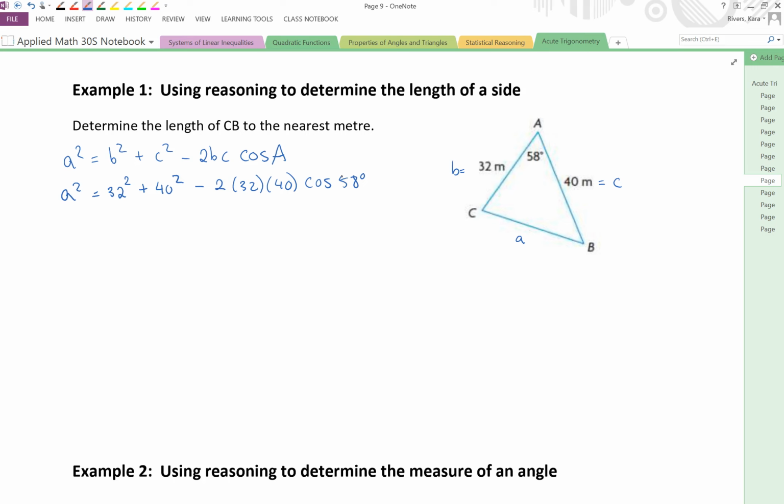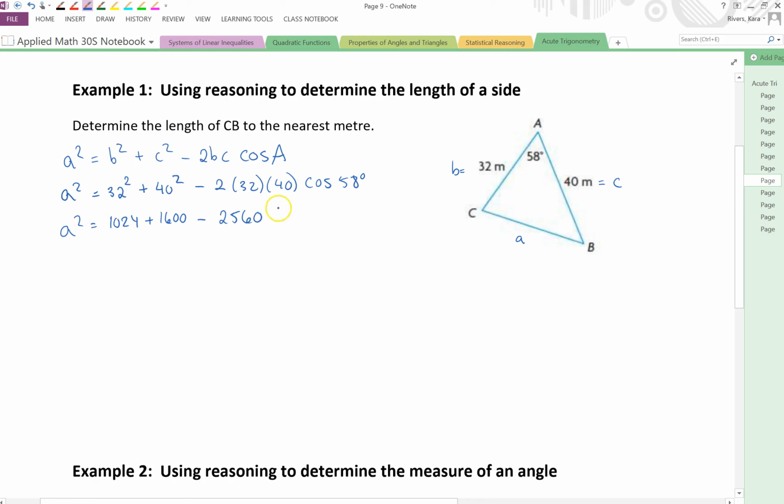So what I suggest is evaluate the 32 squared and the 40 squared first. If you do that, you get that A squared is equal to 1024 plus 1600. And then if you do this 2 times 32 times 40 next, you get 2560.